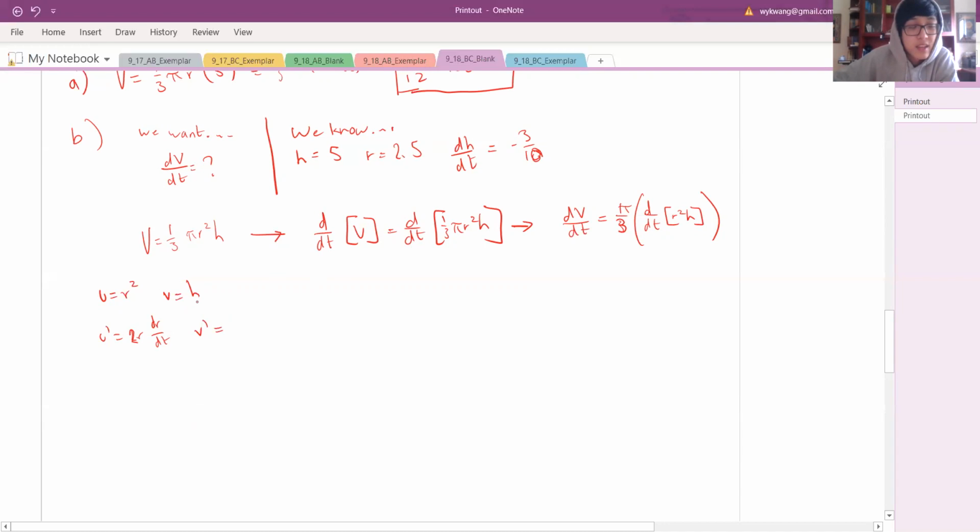So v prime, for h, power rule gives us 1, but then we have to multiply by dh over dt, because it's all still implicit differentiation.